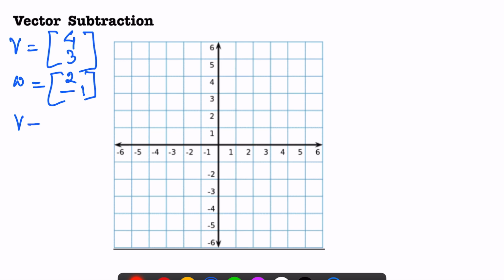Now v minus w can be written as v plus minus w, right? And here this minus w is basically we are flipping the vector w. Let's first draw the two vectors. Vector v is 4, 3, means 4 steps in the positive x direction, then 3 steps in the positive y direction.